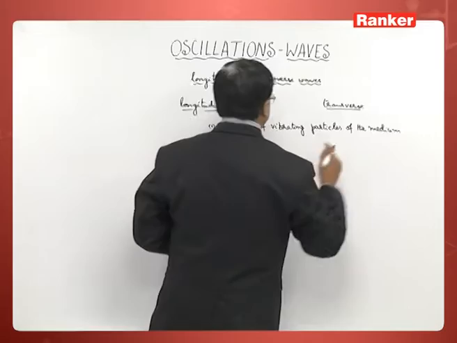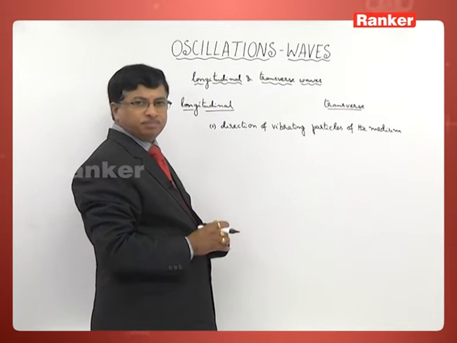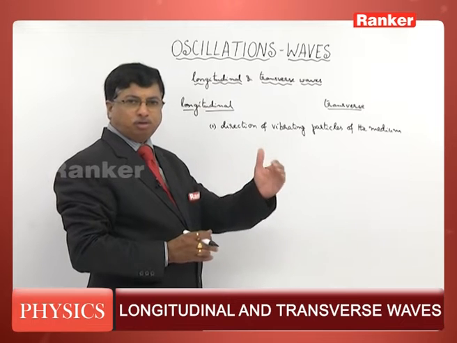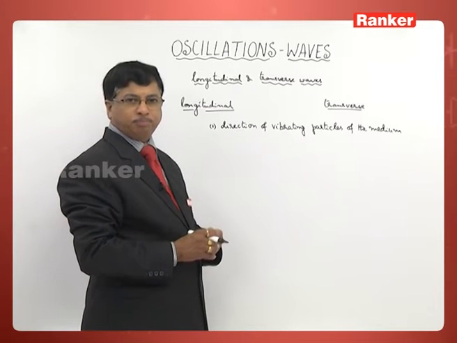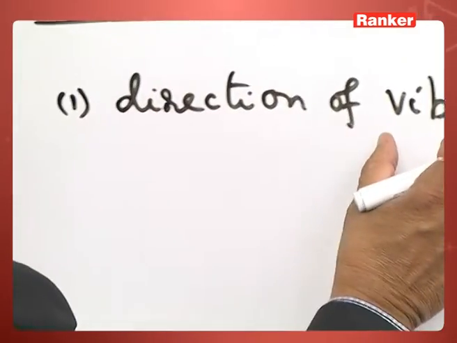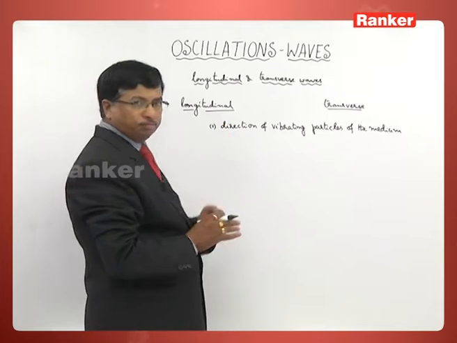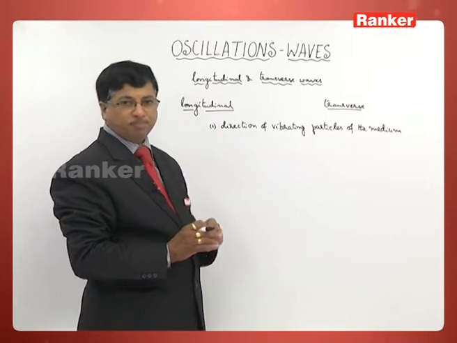In fact, we all can understand wave motion is nothing other than the disturbance, the transfer of energy from one point to another by means of the particles which are in vibratory state. So, when we consider the direction of vibrating particles of the medium, we should look into that first: in which direction the particles of the medium are now vibrating.